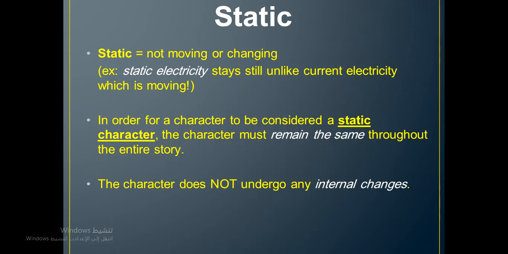Now, if I ask you to classify Frankenstein, if he is a dynamic or static character, the answer will be that he is a dynamic character. Why? Because there is a change in his character.